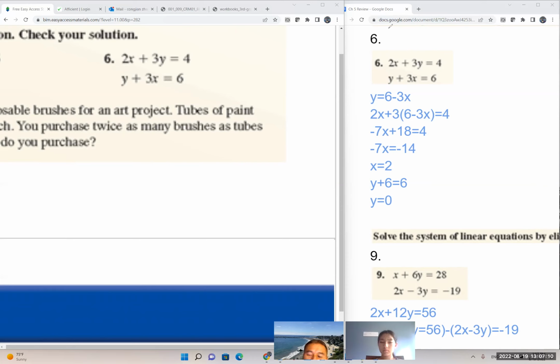Okay, just by guess, I think you mean the solution is x equal to 2, y equal to 0, right? Or sometimes we just say, oh, x equal to 2, y equal to 0. This is the solution. Let's see if it's true or not.